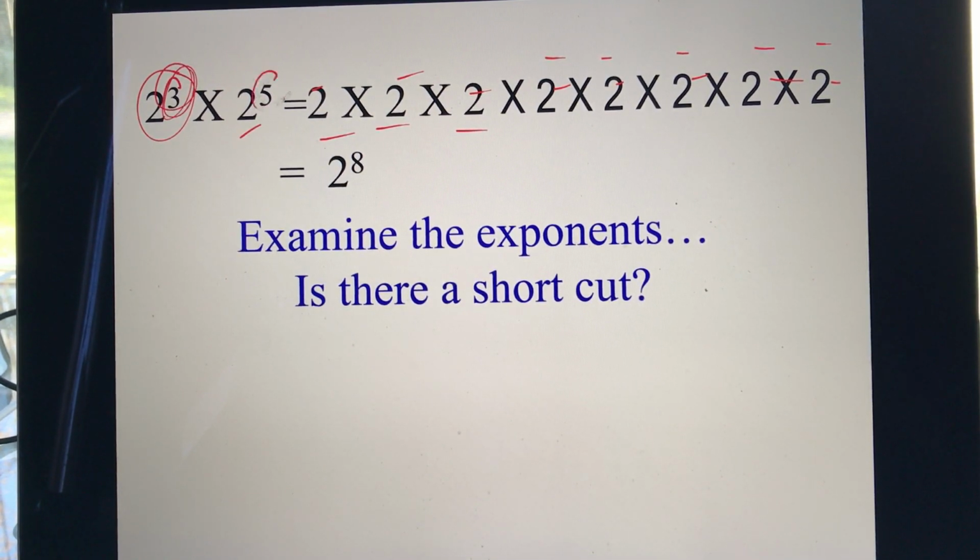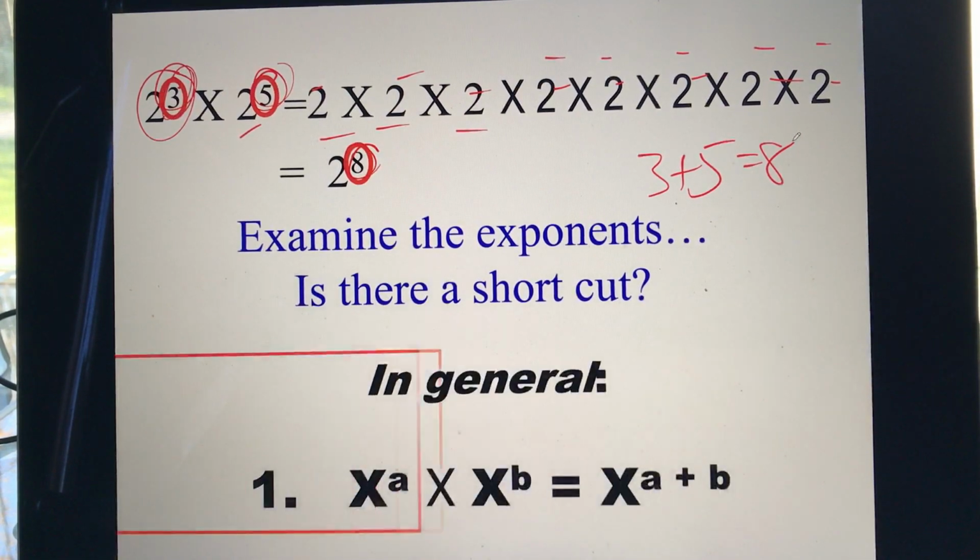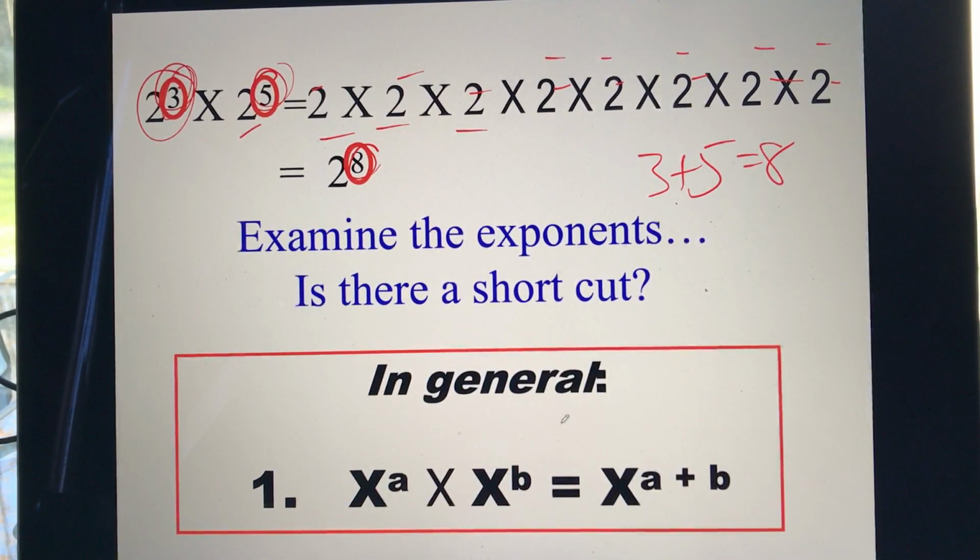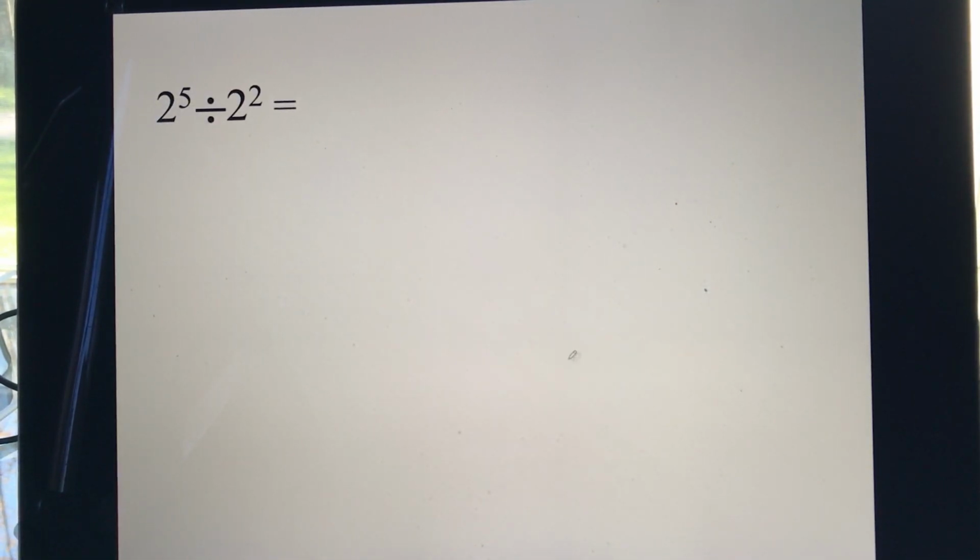If I have a 3 and a 5 and I end up with an 8, it's pretty easy to see. We know 3 plus 5 is 8. That creates the first exponent law: if we're multiplying powers with the same base, we add the exponents.